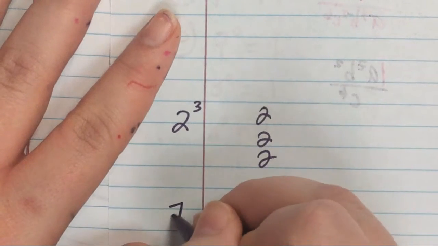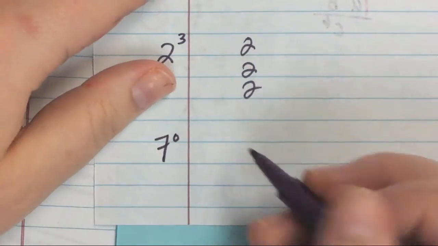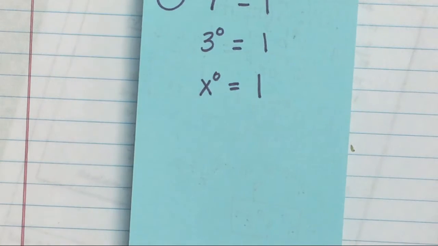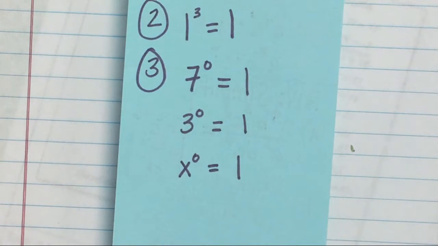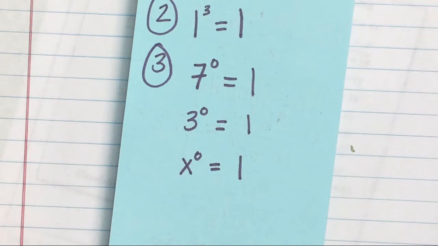So 7 to the 0, well, it's not like there's nothing there. There's always an understood 1 there. That's not a really good explanation, but I don't really want to go into my whole little math world. If you're questioning me on the 0 thing, you need to type it in your calculator. But anything to the 0 power is 1.